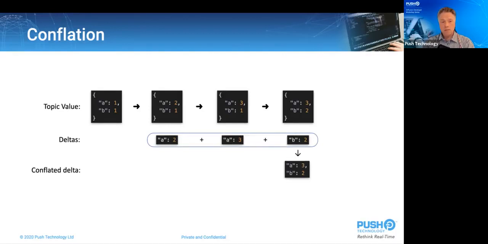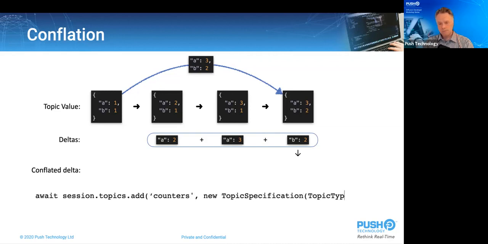Transmitting and applying the conflated delta more efficiently communicates the current value at the cost of lost information. In this case, the value of field A was once equal to 2. Conflation is enabled by default. However, if this is incompatible with requirements, you can disable it with a little bit of code like this.